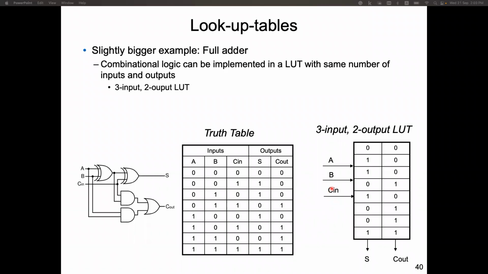We use an address decoder to point to certain rows, then pass this stored memory out to the output. So the combinational logic can be implemented in a lookup table with the same number of inputs and outputs.